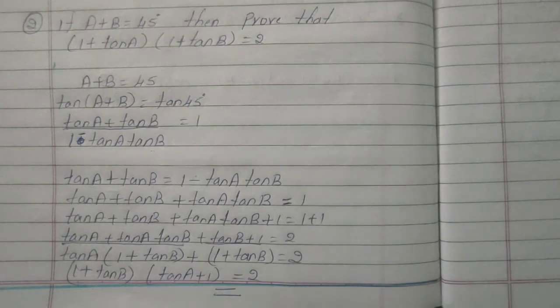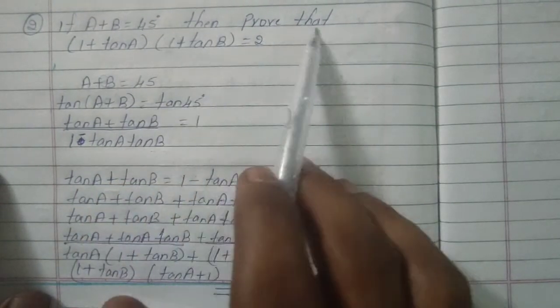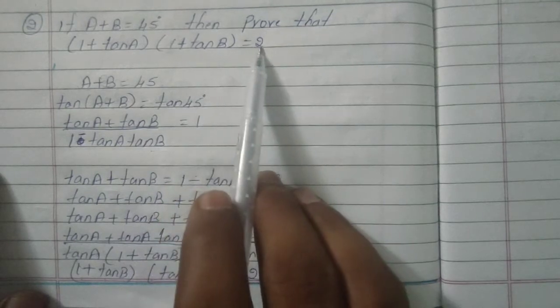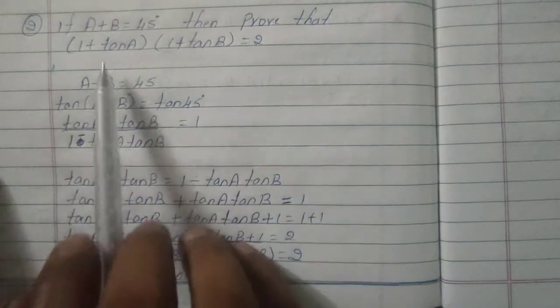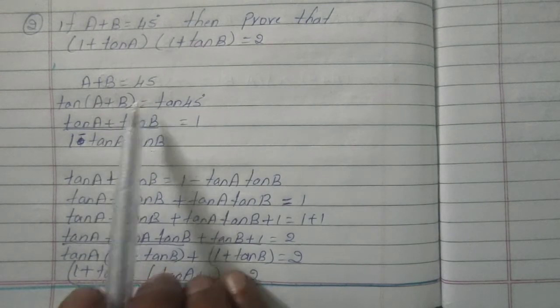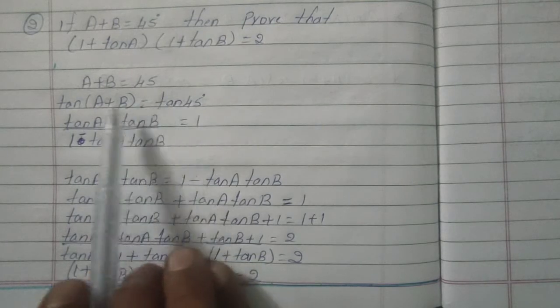Next question. If A plus B equals 45, then prove that (1 plus tan A) into (1 plus tan B) equals 2. The given condition, A plus B equals 45 degree. On both sides I will take the tan ratio.